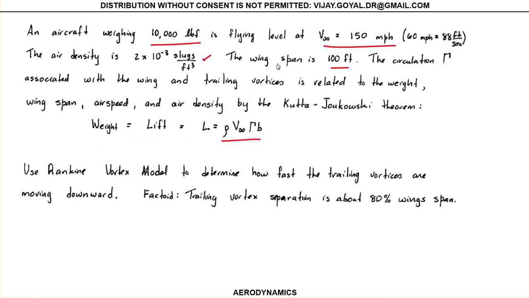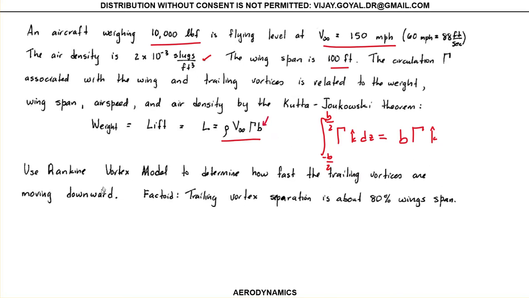Since this is a finite wing, you integrate from minus b over 2 to b over 2 of gamma dz. So this will give you b times this k. When you integrate, that's where this b comes from.